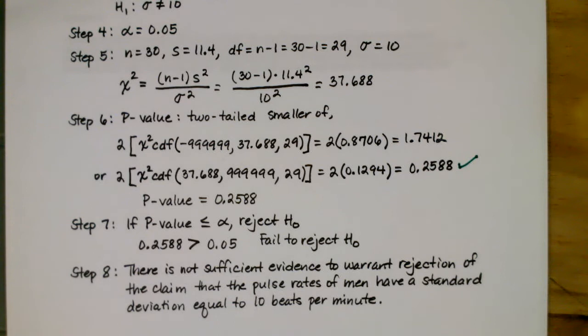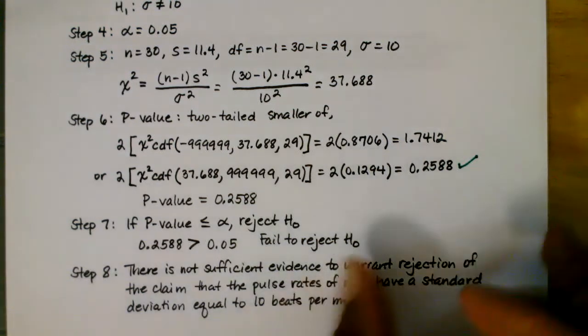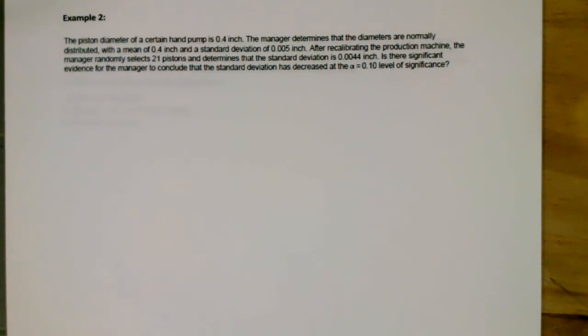Right, so that's the 8-step hypothesis testing procedure here in this case. All right, take a look at example 2 in your handout. It says here the piston diameter of a certain hand pump is 0.4 inch. The manager determines that the diameters are normally distributed with a mean of 0.4 inch and a standard deviation of 0.005 inch.